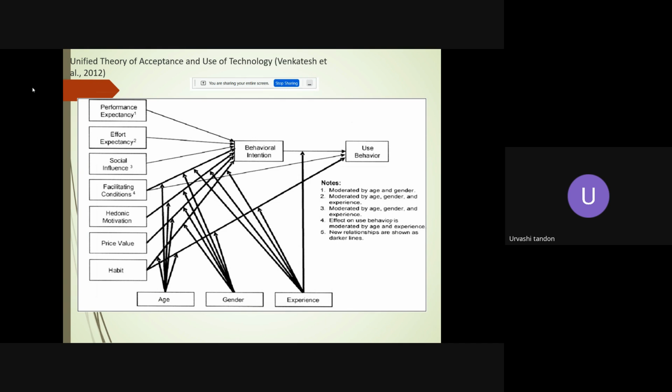This is the Unified Theory of Acceptance and Use of Technology by Venkatesh et al. Venkatesh et al. developed and designed a model which comprised performance expectancy, which says that using a healthcare application, or any particular application, or online shopping, increases my performance, right?